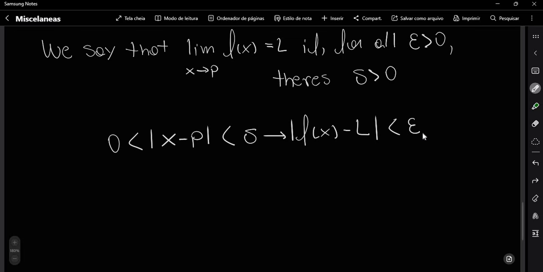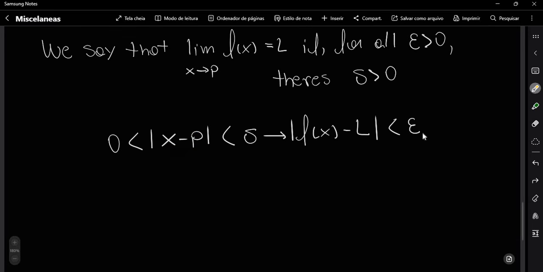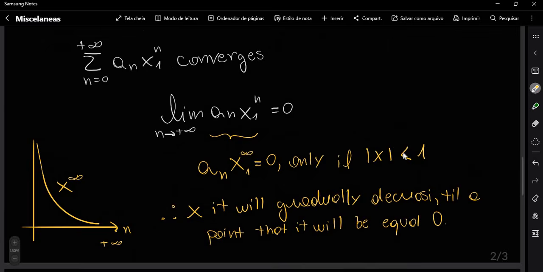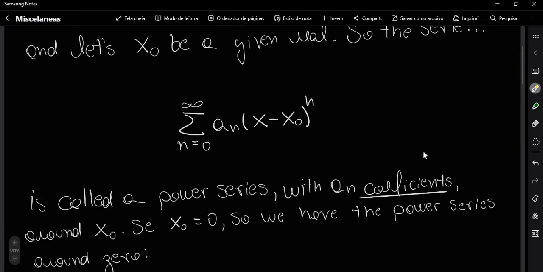And I'm not so sure right now what I'm about to do, maybe I'm wrong, but this for me is the same as this first part right here.